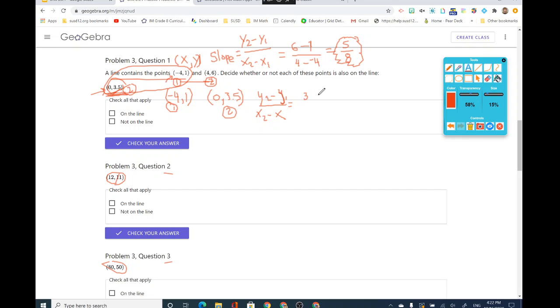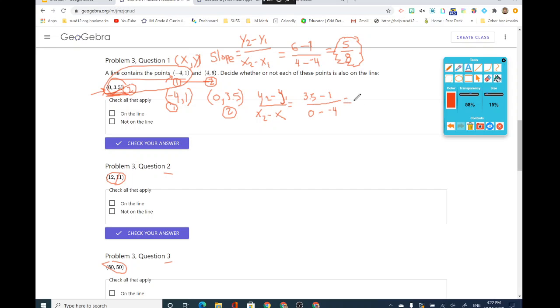Okay, y2 is 3.5 minus y1 is 1. x2 is 0 minus x1, that's negative 4. You better check my math because I make mistakes all the time. You should be doing this together. If I make a mistake, don't make my same mistake.